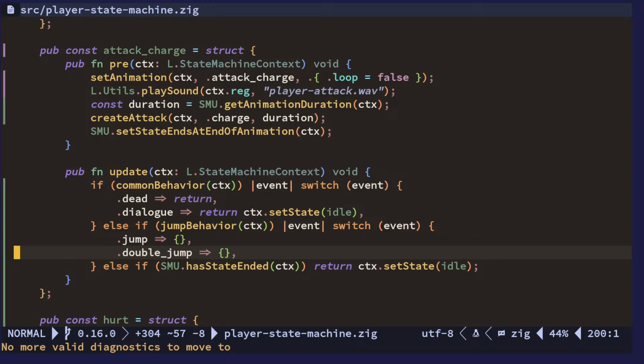Okay. The only thing I'm thinking of is I'm not sure if I want to be able to initiate a jump during charge. Or jumping is the only thing you want to be able to do while charging. Because it feels like if we should allow jump, why shouldn't we allow move?